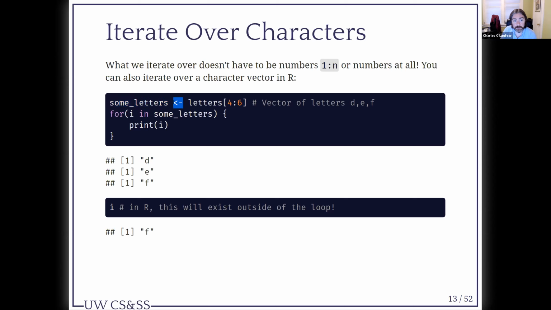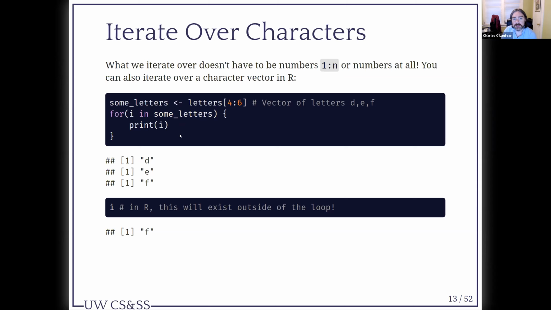I'm going to assign to some_letters the letters 4 through 6, that is, the 4th through 6th letters of the English alphabet, lowercase, D, E, and F. Now I write a loop that says, for i in some_letters, so remember this is D, E, and F, I want you to print i. Well, it just prints D, then E, then F. So we can iterate over non-numeric things. This is a character vector, and it just prints each one of the letters in it.